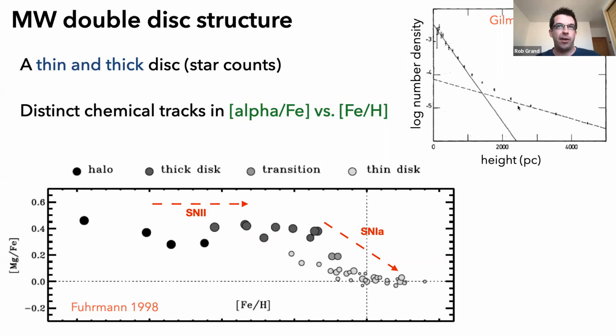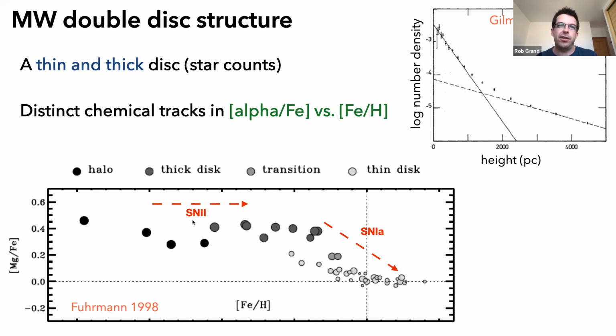In addition to that, we've also known for a while that there seem to be two distinct chemical tracks in the stellar populations around the solar neighborhood. This plot shows magnesium over iron as a function of iron abundance.